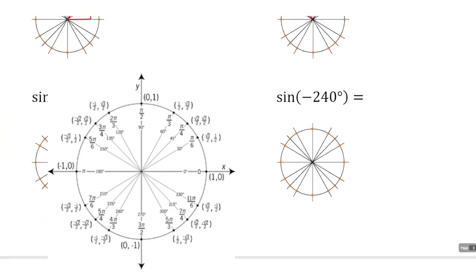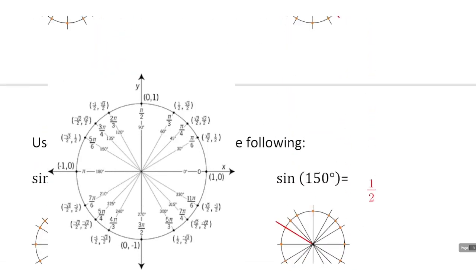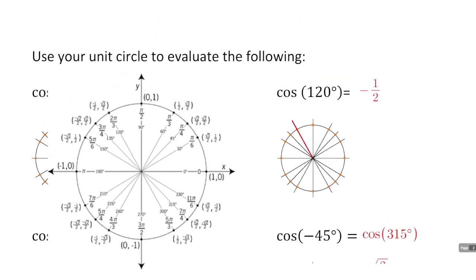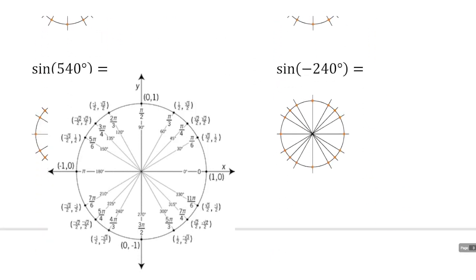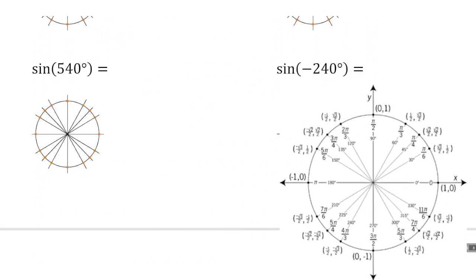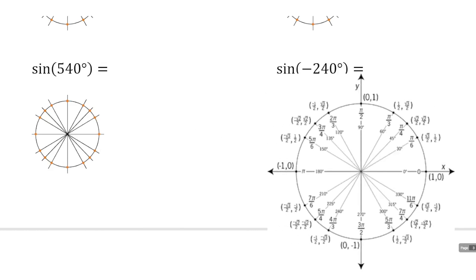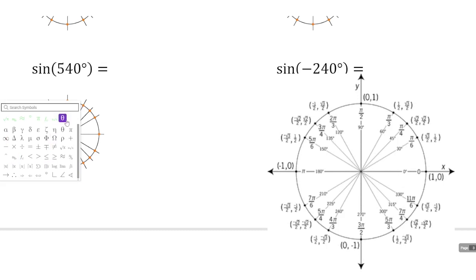For sine of 540 degrees, we already established earlier on that, oh no, that was 510. So I take that back. We did not establish the coterminal angle of 540 degrees. So let's talk about that. This is going to be 540 minus 360, which gives us a coterminal angle of 180 degrees.